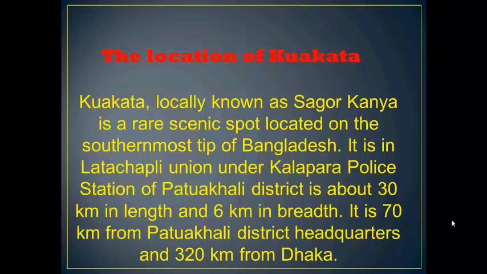It is in Latachapli Union under Kolapada police station of Patuakhali district. It is about 30 km in length and 6 km in breadth. It is 70 km from Patuakhali district headquarters and 320 km from Dhaka.